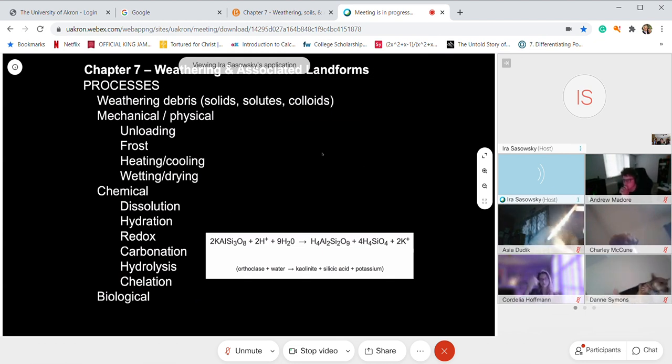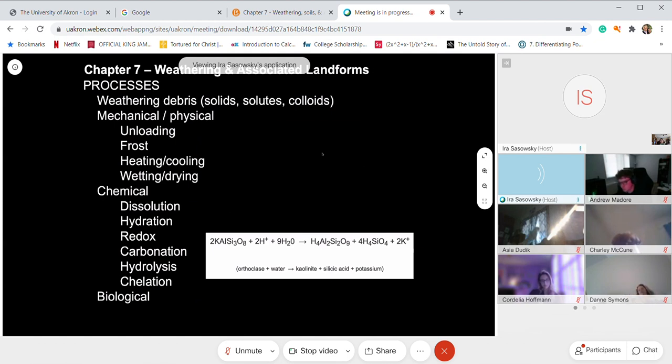Our third type of chemical reaction is redox or oxidation reduction. And of course, this is when we have an atom or an ion changing the number of electrons it has. So if it loses an electron, in other words, becomes more positive in charge, that's called oxidation. And if it does the opposite, that's called reduction.